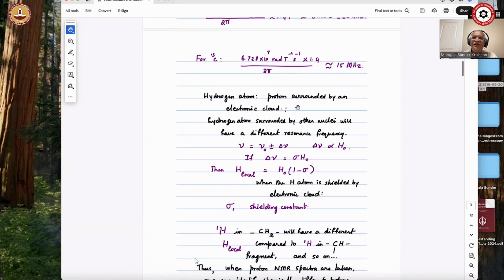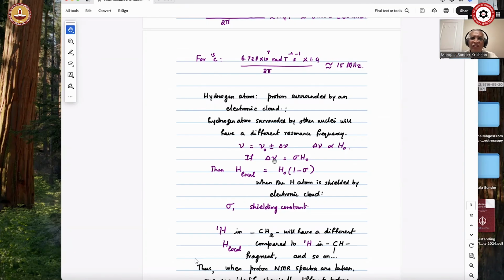For example, a hydrogen atom is a proton surrounded by an electronic cloud. Therefore, the hydrogen atom surrounded by the other nuclei will have a different resonance frequency. So you can see that the new resonance frequency of the hydrogen atom is nu naught plus or minus delta nu, and this delta nu is also proportional to the external magnetic field.